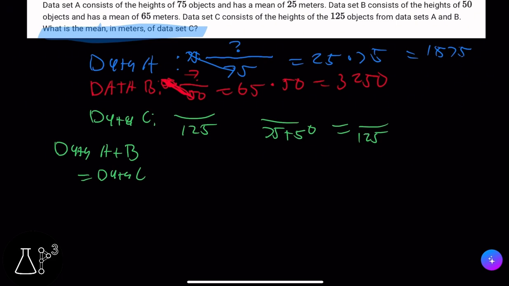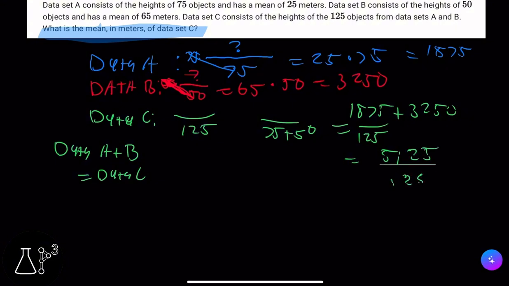So what is the total value of all the heights combined? I'm ultimately going to do 1,875 plus 3,250 to look for the mean of C. Let me plug that into a calculator. That's going to give me 5,125 divided by 125.